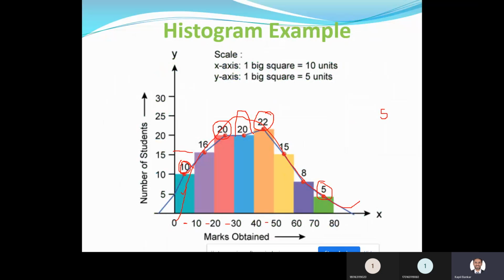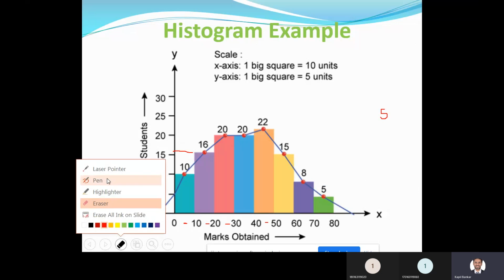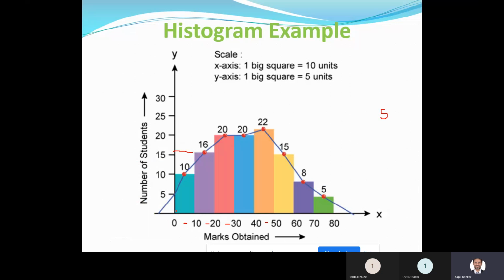Here the data is skewed toward the right side. Why? Because once you draw this graph, it looks like this, slightly skewed from this side.